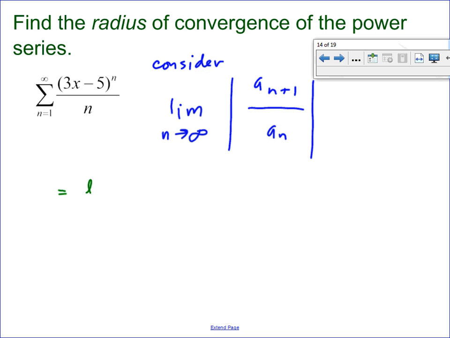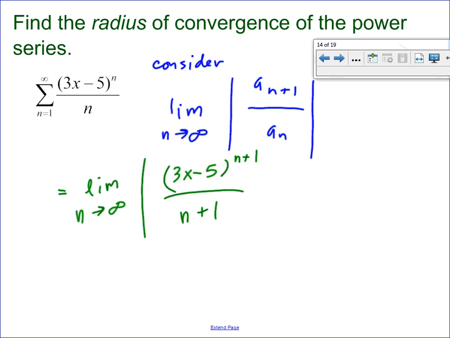That is the limit as n goes to infinity of, oh geez, this becomes 3x minus 5 to the n plus 1 over n plus 1.